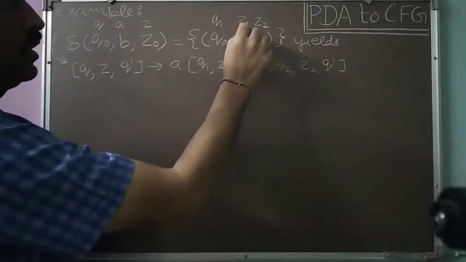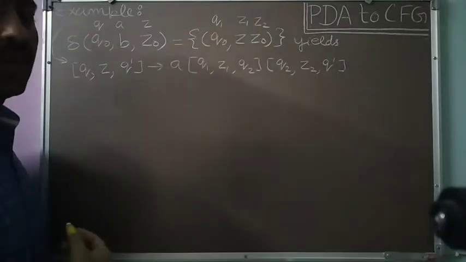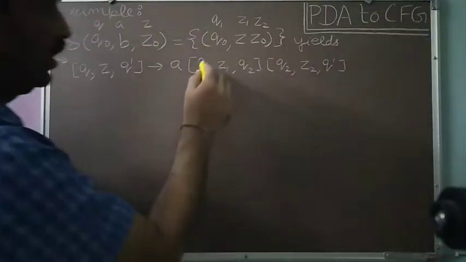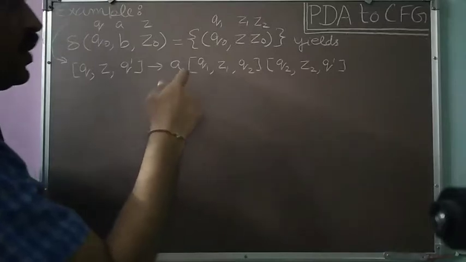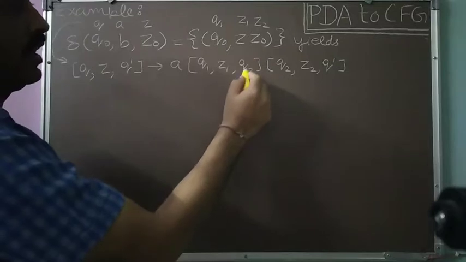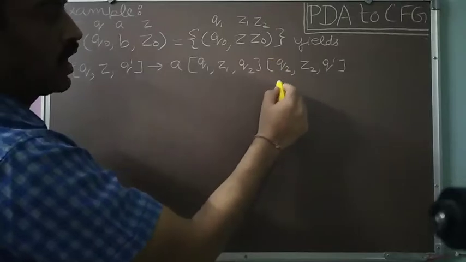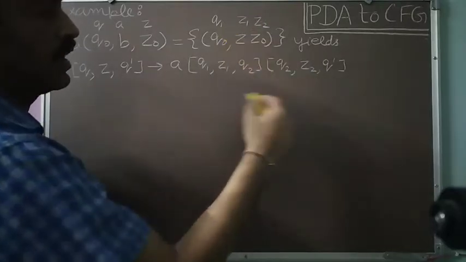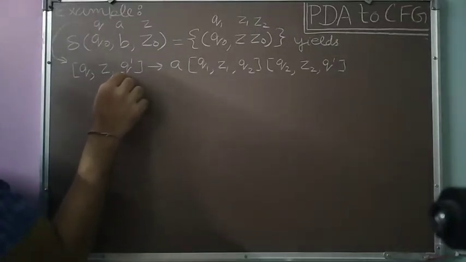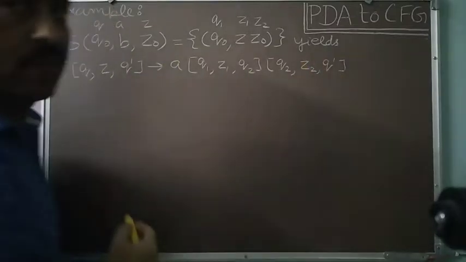The number of triples equals the number of pushdown store symbols we are writing, that is Z1, Z2, so 2 triples. The first triple starts from q1, takes the first symbol Z1, and ends in another state q2. Then, starting with q2, I take the second symbol Z2 and finish with the same state as on the left-hand side, that is q'. So q' will also come here.